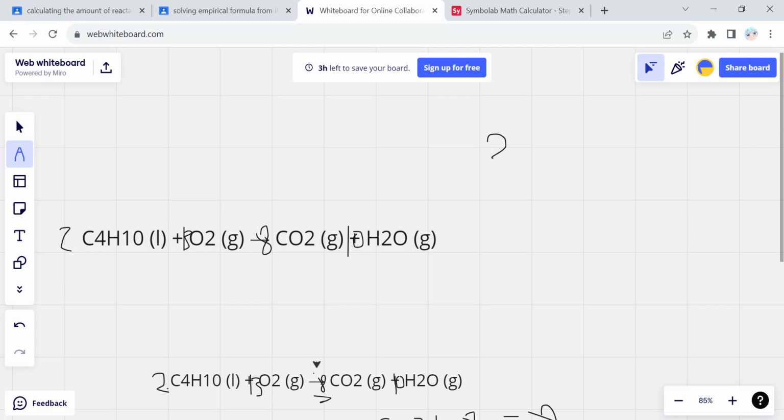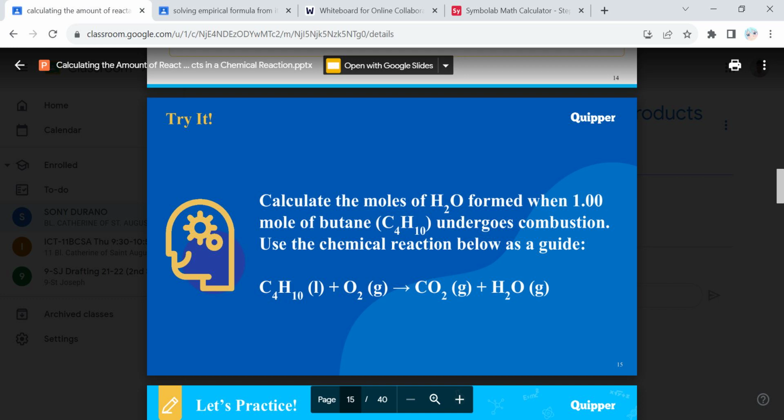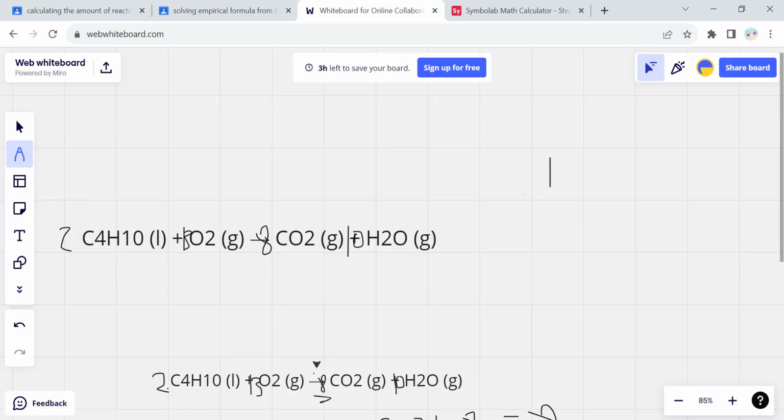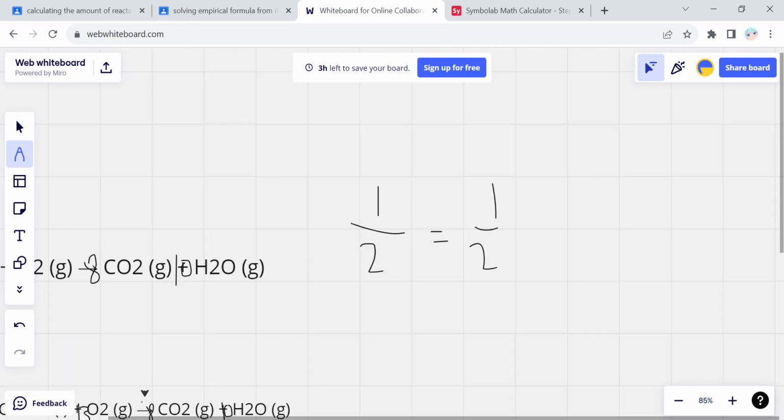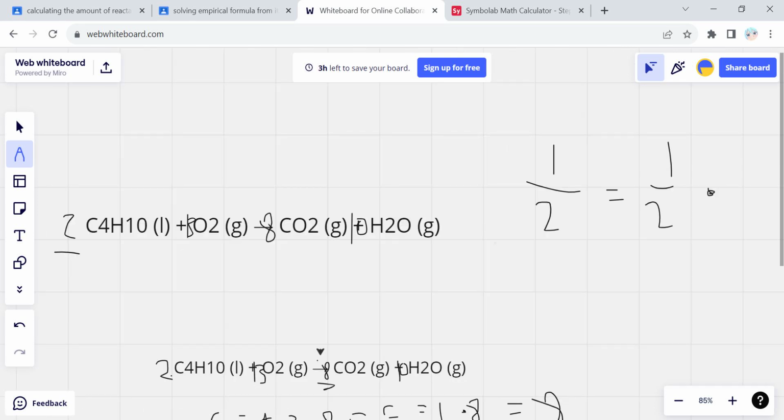So we use the given, which is 1 mole of butane, and we then divide it by the balanced mole of butane, which is 2. So now we divide 1 by 2, we get 1/2. We then multiply 1/2 by the original mole of H2O, which is 10.